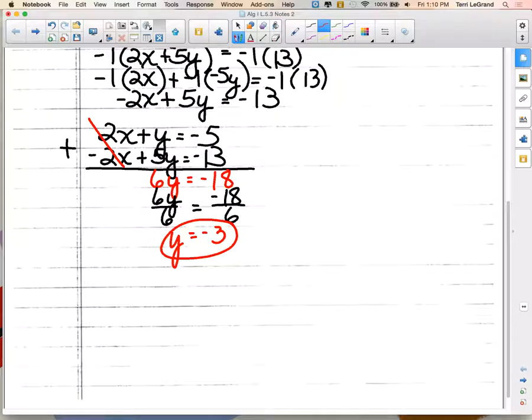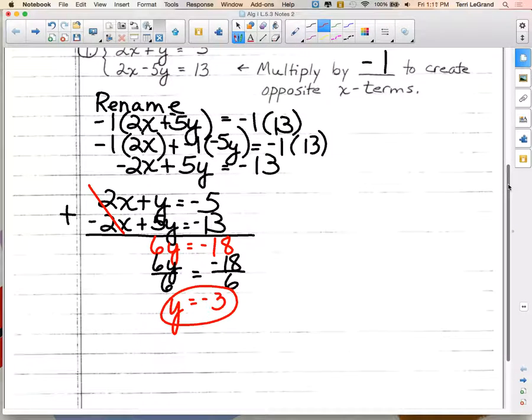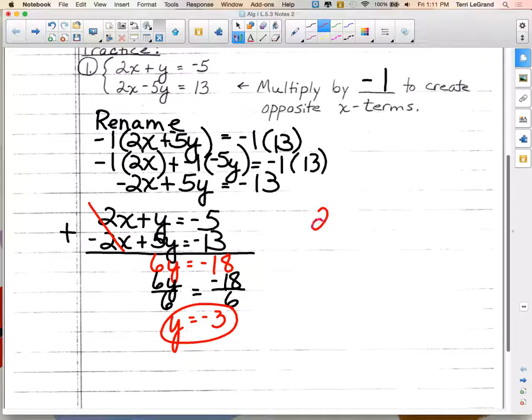Now, you have 3 options, really. Not that any of them is necessarily any better than the other, but you have the first equation we did not rename, the second equation's old name, and the second equation's new name. You can use any of those 3 equations to get your x value. So pick the one you want to use. I'm going to use the first one.